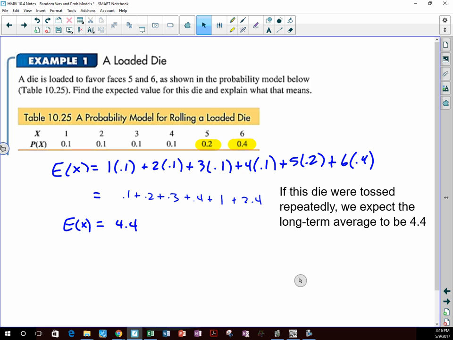So it says, if this die were tossed repeatedly, we expect the long-term average to be 4.4. This particular die. We said with a normal die that has a 1/6 chance of getting any of the outcomes 1 through 6, earlier we said that that would be an expected value of 3.5. So this one, because the 5 and 6 are weighted a little bit heavier, the expected value is higher. It's 4.4.